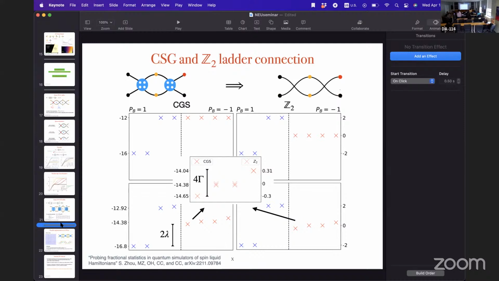The temperature we are comparing here is the splitting of the spinons. That gives you the hopping. And if the temperature is larger than that, we basically cannot observe the things we want to observe.